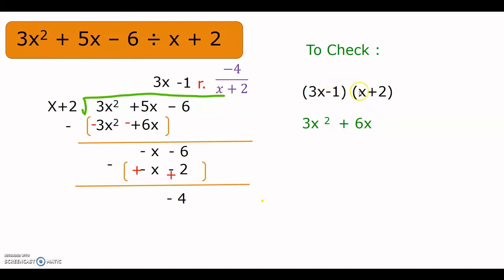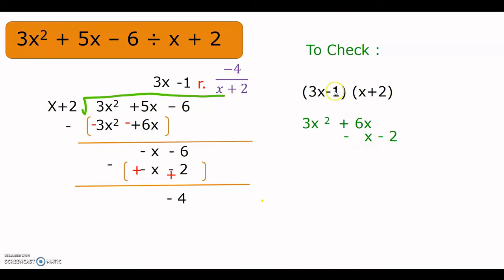So 3x times x is equals to 3x squared. In multiplication, we add the exponent. Then 3x times 2 is equals to positive 6x. And now the inner part, negative 1 times x is equals to negative x.